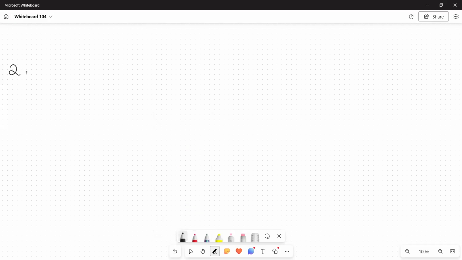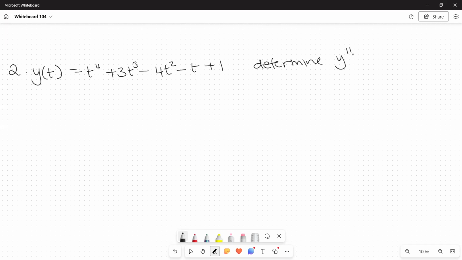And in question 2, we are told that y of t is equal to t to the power of 4 plus 3t cubed minus 4t squared minus t plus 1. And we have to determine y triple prime of t.